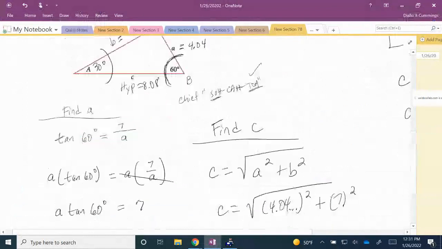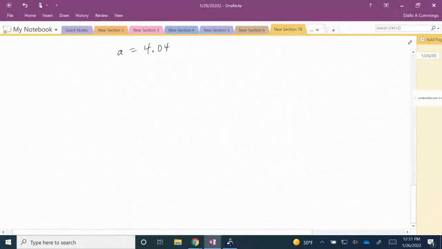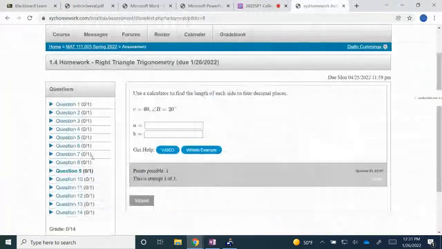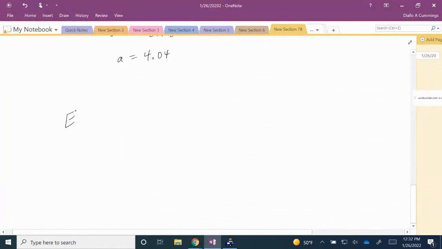All right, now we're going to return with the solution. So we have C equal to 60 and angle B equal to 20 degrees.